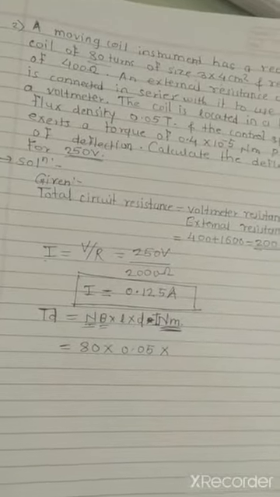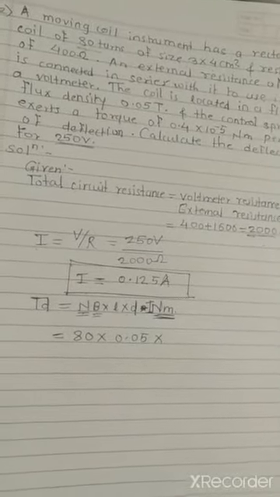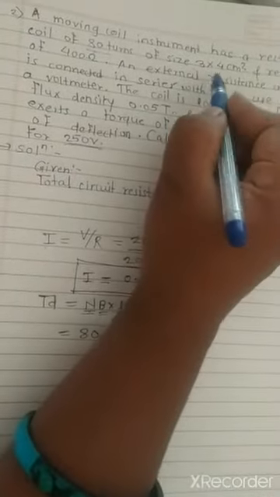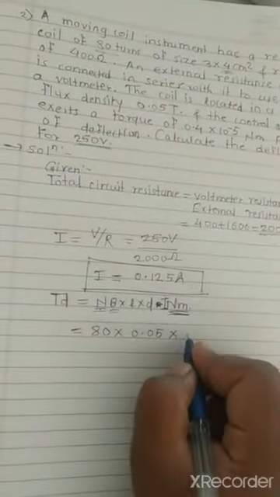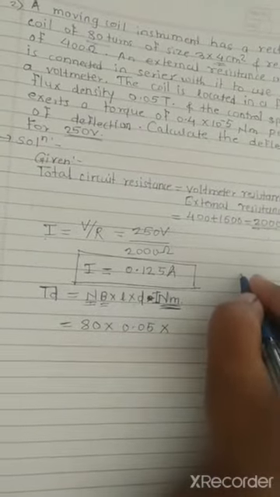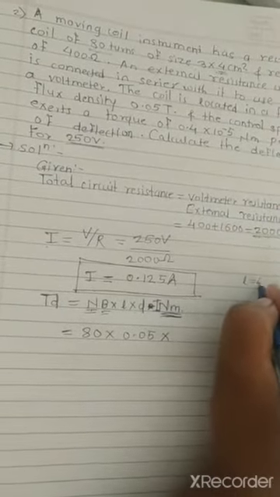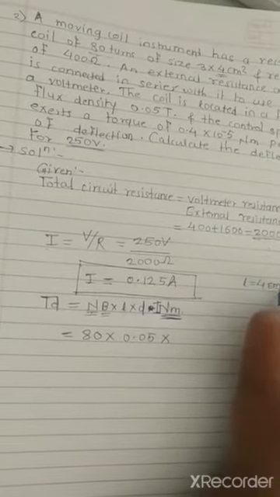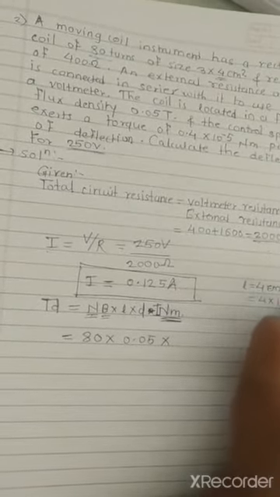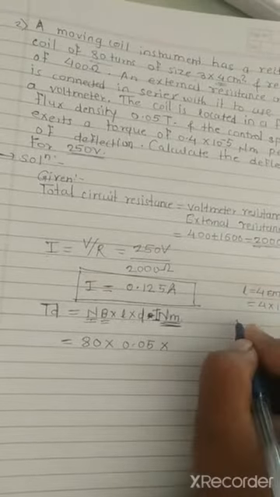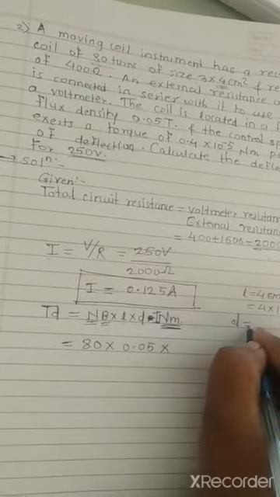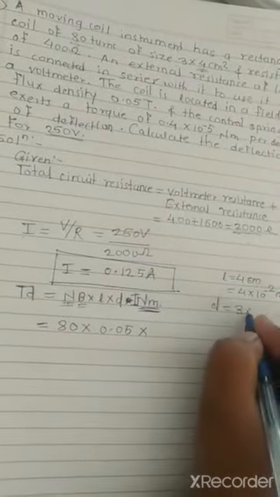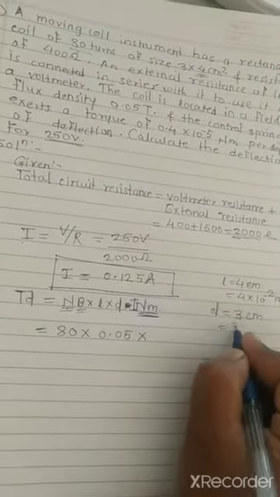Now convert centimeter into meter. L is 4 centimeter, converted into meter, is 4 into 10 raised to power minus 2 meter, and D, that is the width, is 3 centimeter, which is 3 into 10 raised to power minus 2 meter.